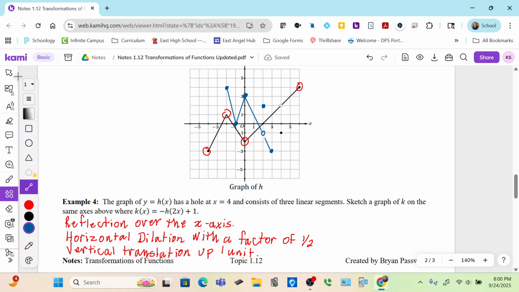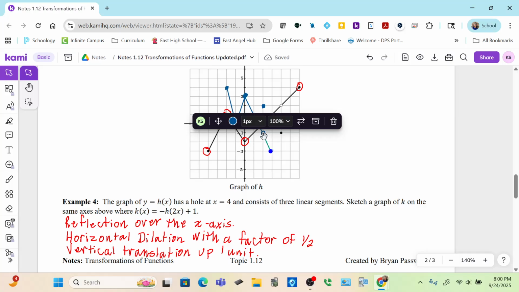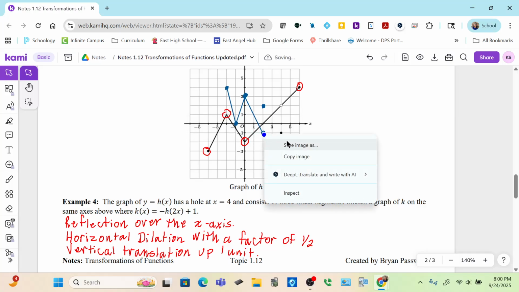I just need to stretch the one segment if I can. There. So you'll see that it should still be a line here or look fairly close to a line. It's looking slightly off. I have this lower segment slightly off.